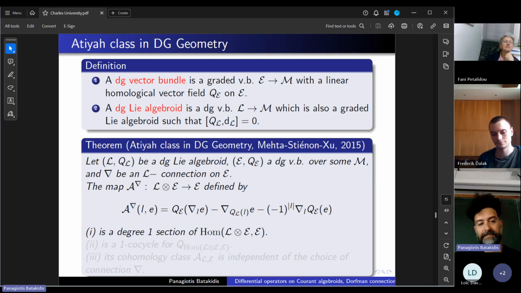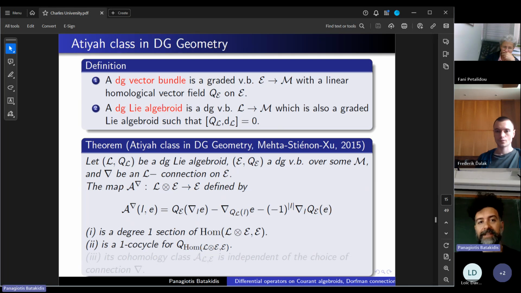First, this map is a degree 1 section of this Hom space, from the product of L with E with values in E. This space actually has a homological vector field on it, which you can build from a combination of the homological vector fields on L and E. And alpha nabla is a one-cocycle for this homological vector field.